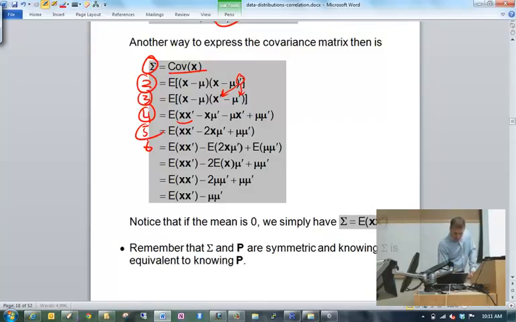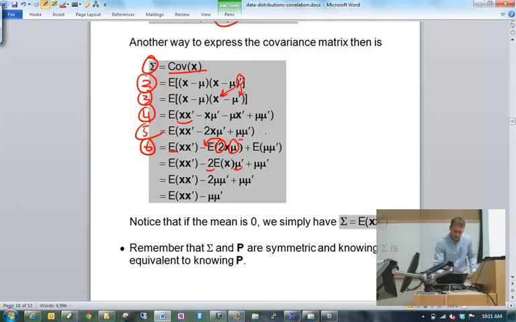Next, what I'm going to do is move my expectation through. So I have those 3 terms, and I have those 3 terms with the expected values next to them. Just like what we did before, I'm going to factor out my constants. So here's my constant, here's my constant. The expected value of mu mu prime is like saying what's the expected value of a number, like 3 again.